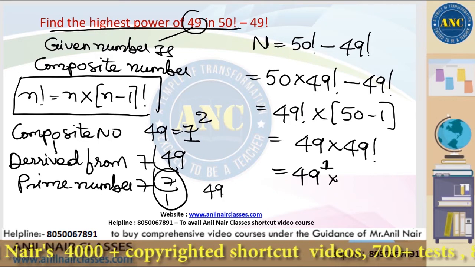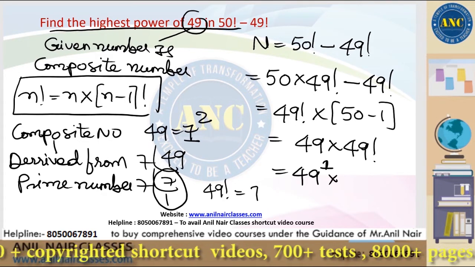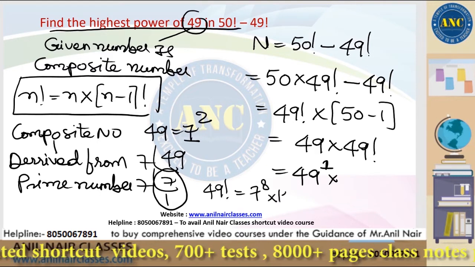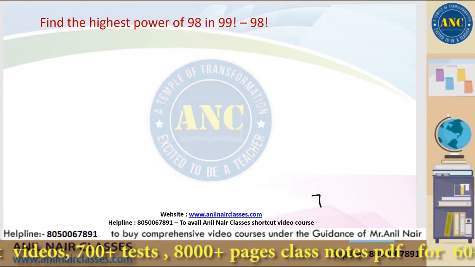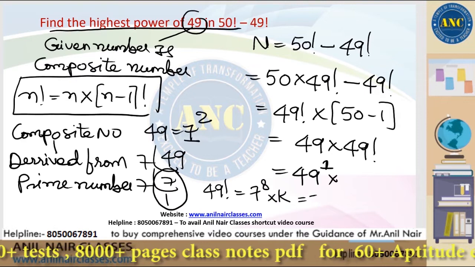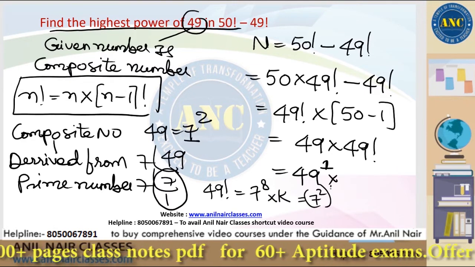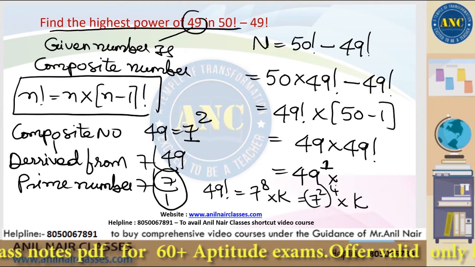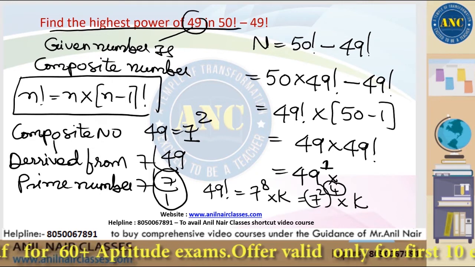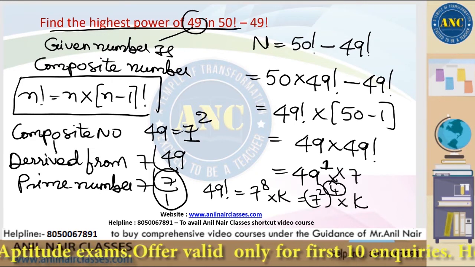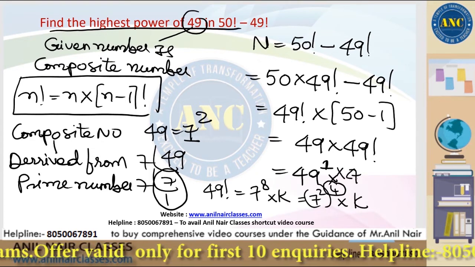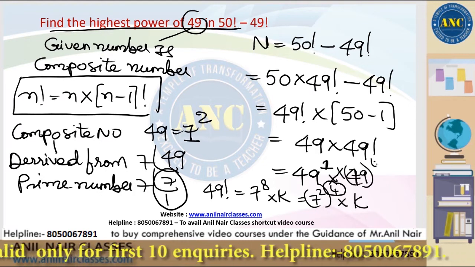So 49 factorial is 7 power 8 into k. But I require 49. So this will become 7 square power 4 into k. Here it is 4. Here there is 1. 1 plus 4, answer is 5.